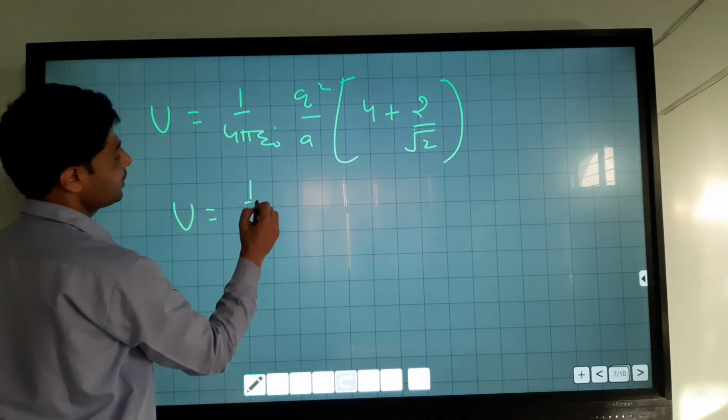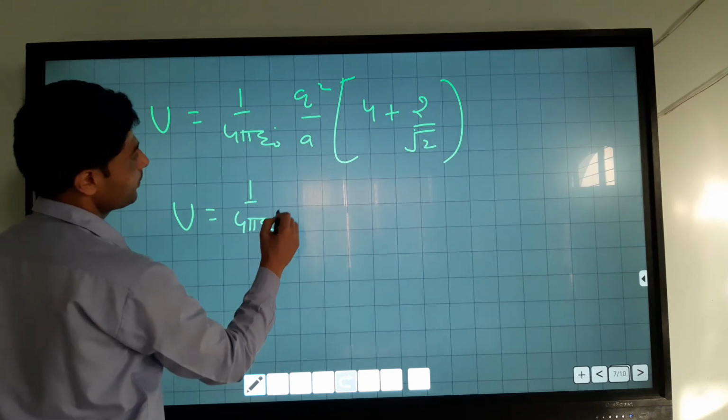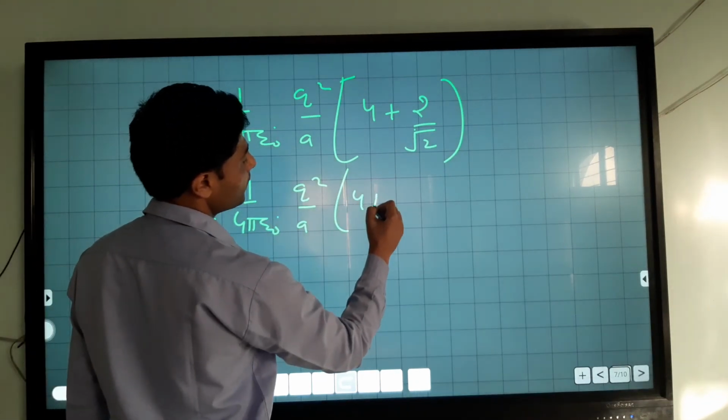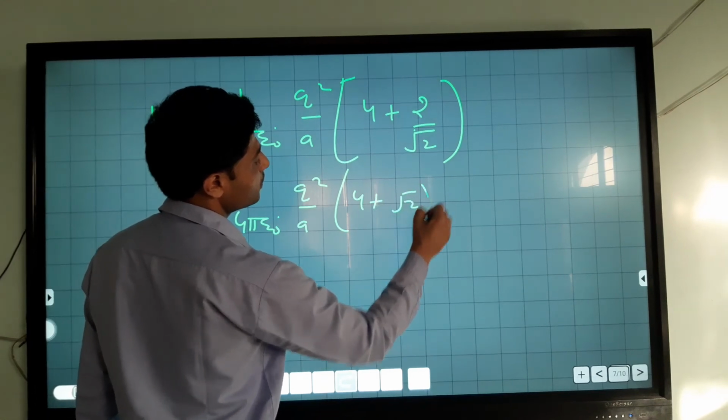So U equals 1 upon 4 pi epsilon naught Q square upon A, 4 plus 2 root 2.